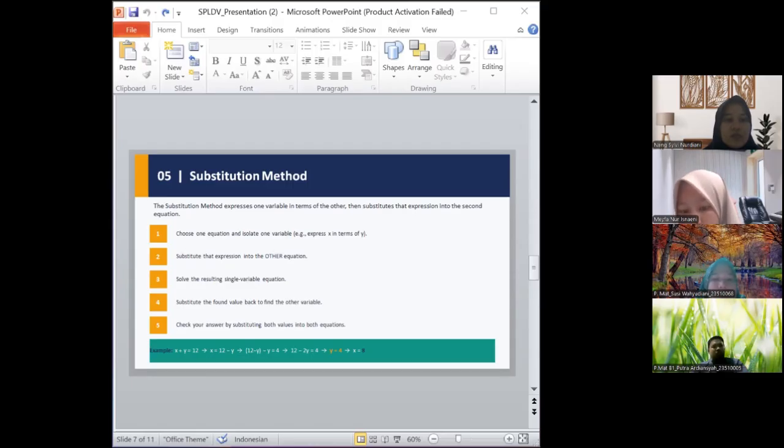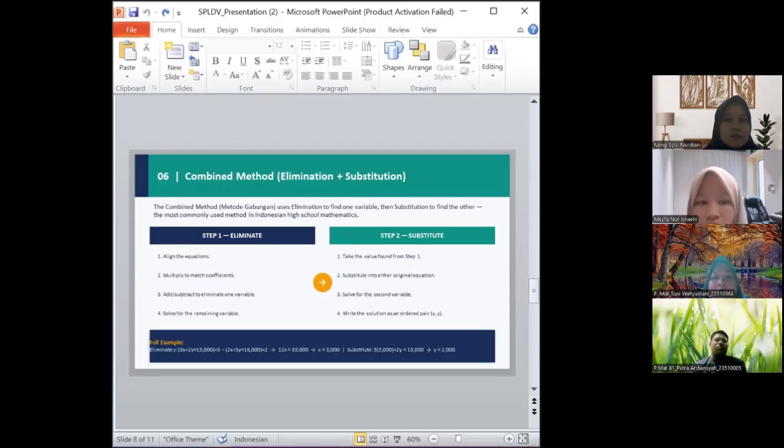I love this discussion. Everyone has a valid point. Let me now show you the combined method, which uses both elimination and substitution together, for problem 2. Watch carefully. So, in the next slide, okay.